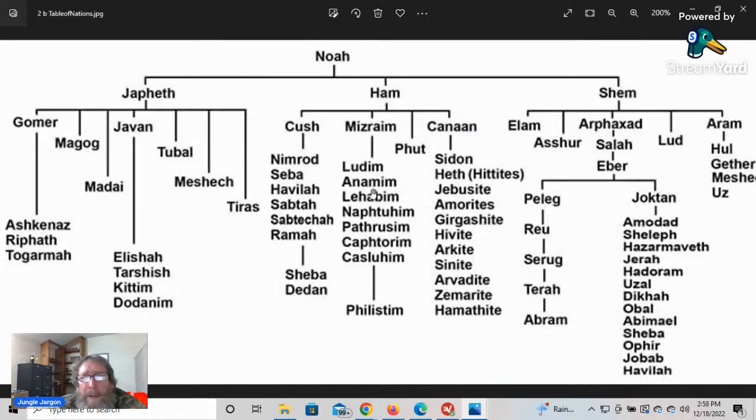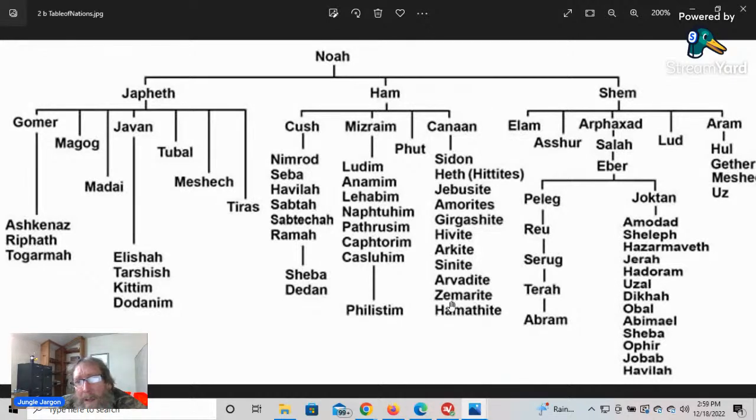Now, Mitzrayim had a lot of descendants, which seems to be the E3 population, or the used to be the E1, B1, something or other. But this Mitzrayim seems to be the E3, Put seems to be the E1, Canaan seems to be the E2.